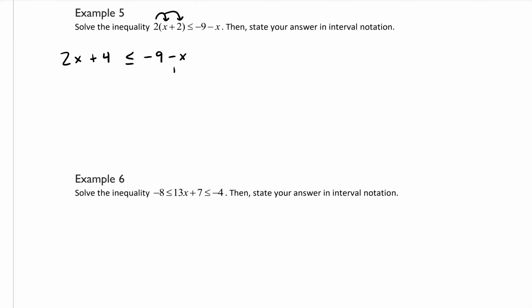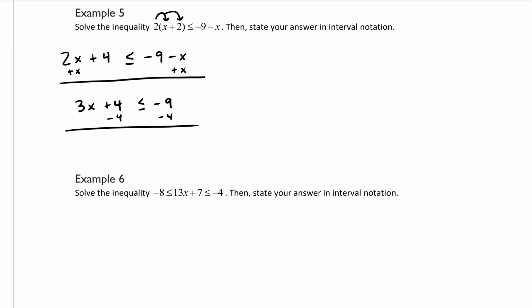Now I can start moving stuff to the other side. I'm going to add x to both sides, and we get 3x plus 4 is less than or equal to negative 9. Then I'm going to subtract 4 on both sides, and we get 3x is less than or equal to negative 13.